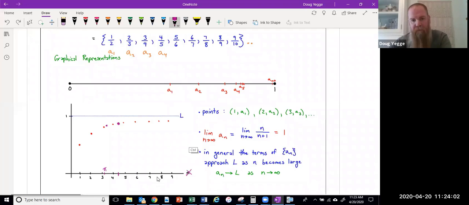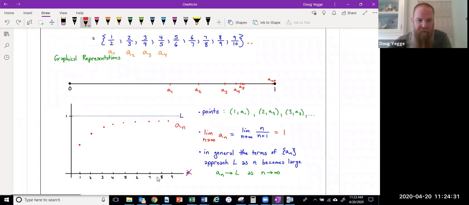This is a sequence, which means that I'm only able to plug in whole numbers, positive integers, which is why the graph of this sequence is nothing more than just a collection of a bunch of dots. What you definitely don't do is connect them. Do not connect points in a sequence. The sequence graph is just a collection of dots.